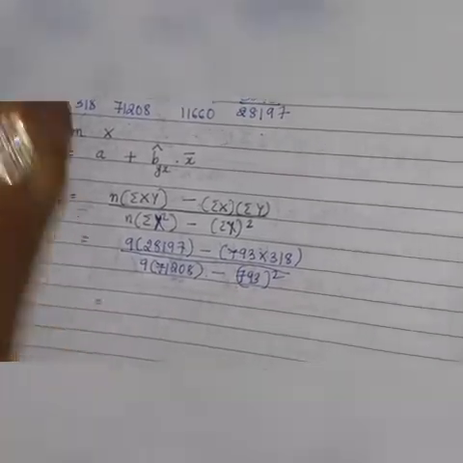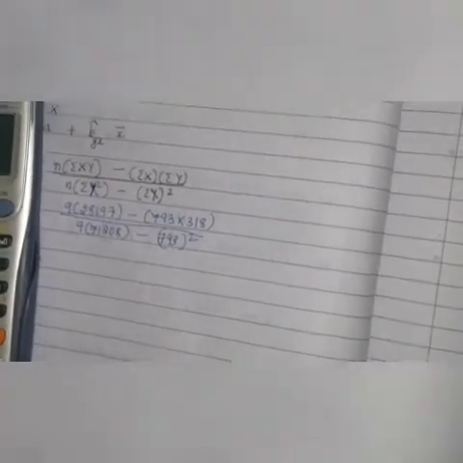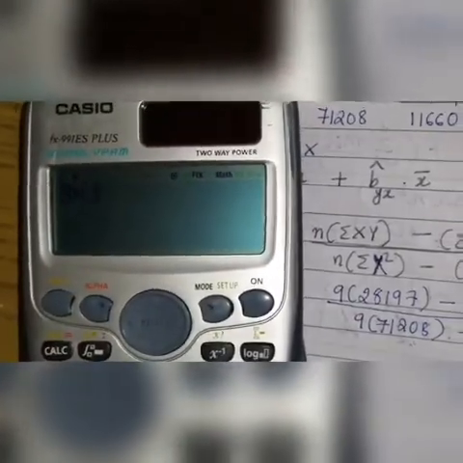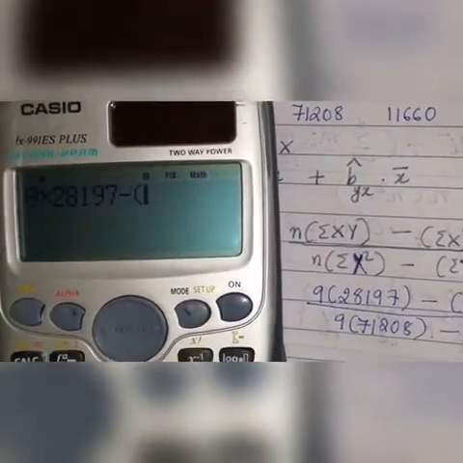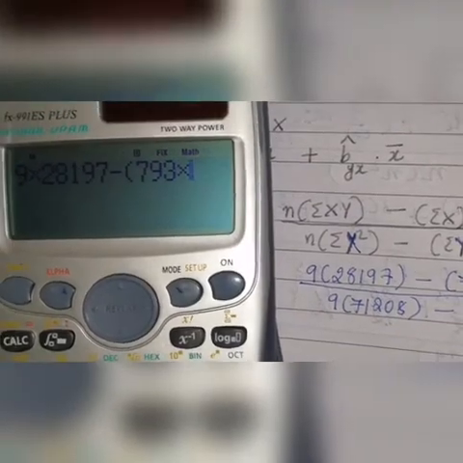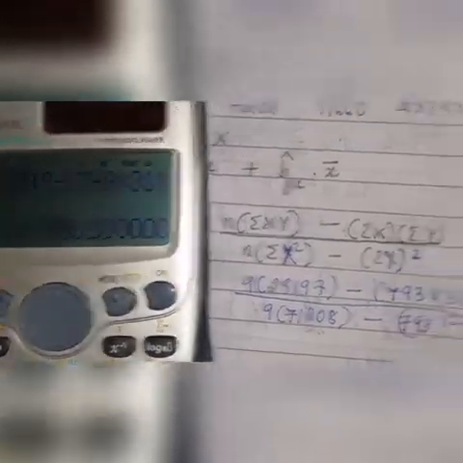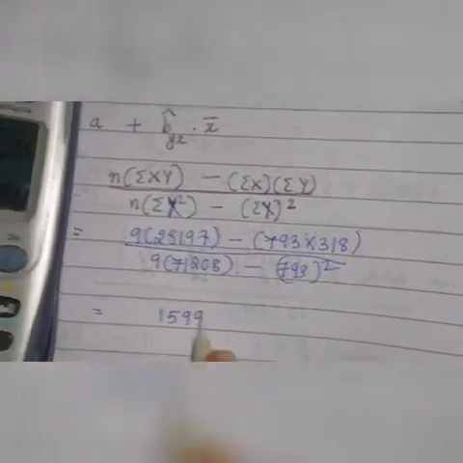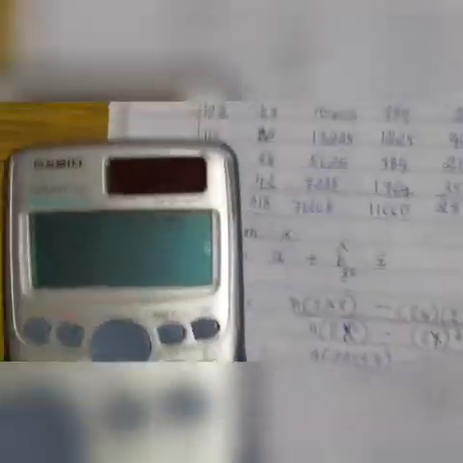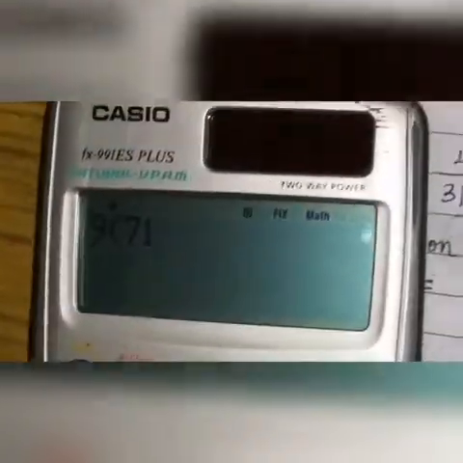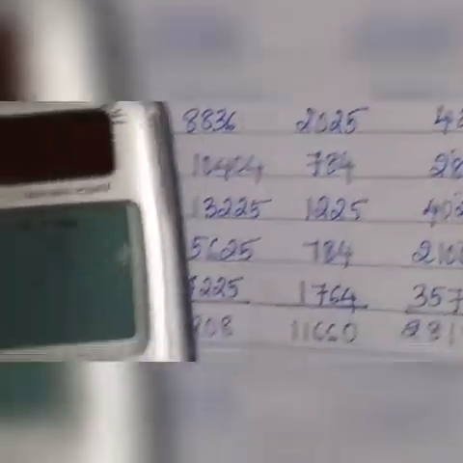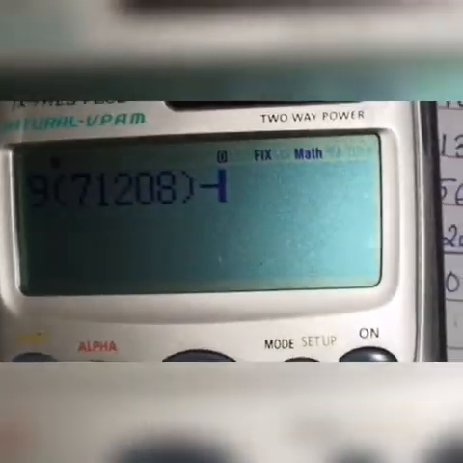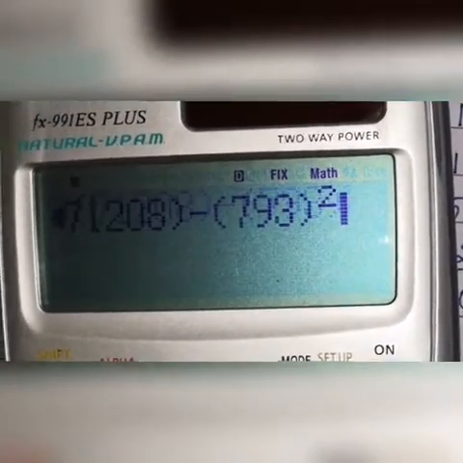So let us calculate the value. 9 into 28197 minus 793 into 318. This is 1599 by 9 into 71208 minus 793 whole square.